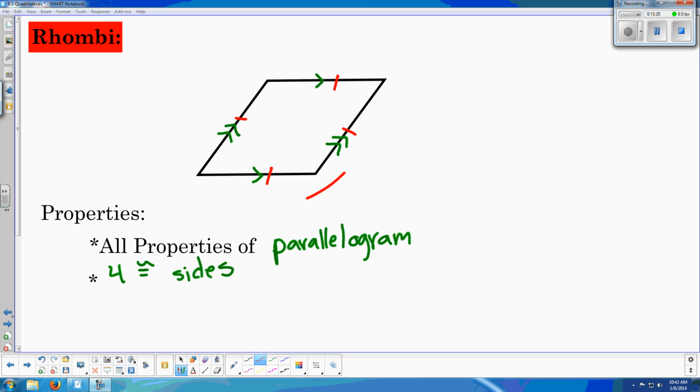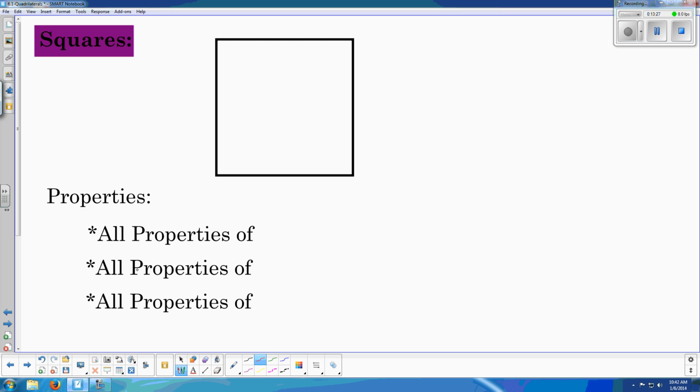Now we are moving on to the square. Notice that this says all properties for all three of our properties, which means that it is a combination of three different quadrilaterals. So, a square has all the properties of a parallelogram, which means we have this side being parallel to this side, and this side being parallel to this side.